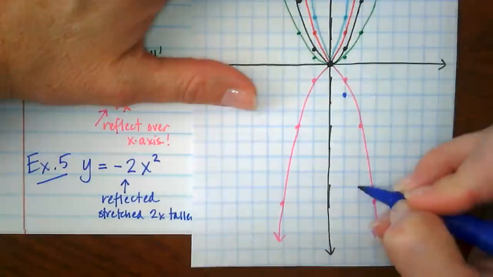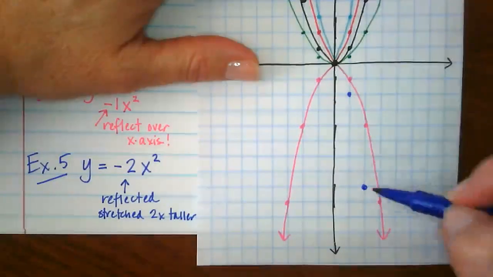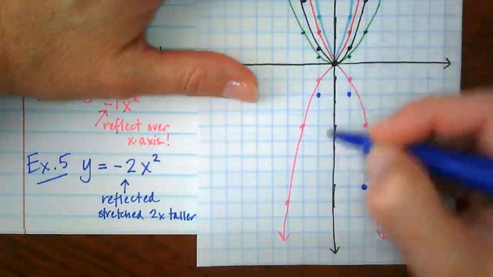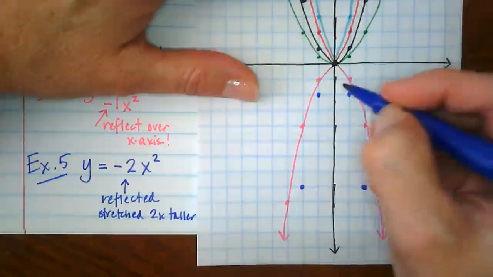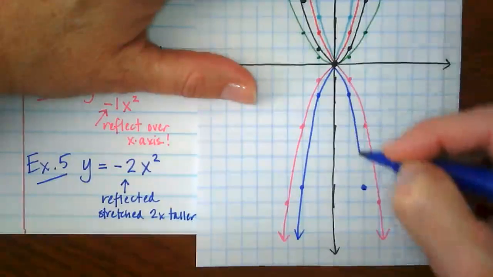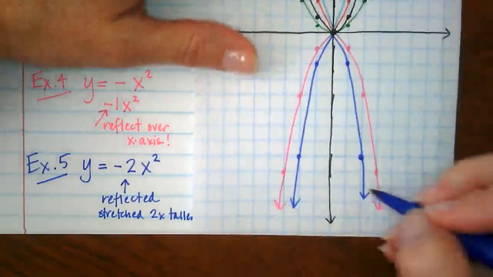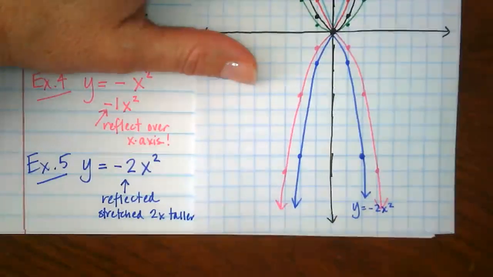So this one is going to go down and it's going to be taller and thinner. So again, we have those mirror image points around the axis of symmetry. Here is our graph, and I forgot to label this one, y equals -2x squared, and the other one.